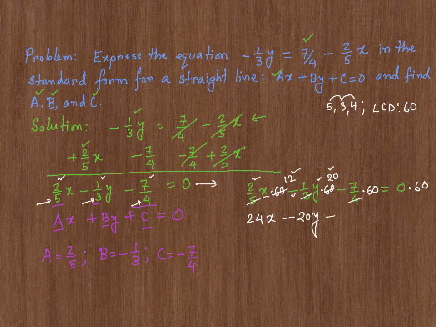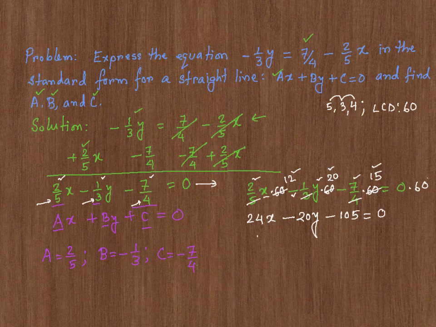Minus: 4 goes into 60 15 times, and 15 times 7, by the way, is 105. And on the right hand side we have 0.